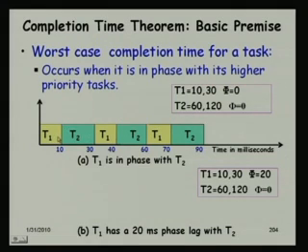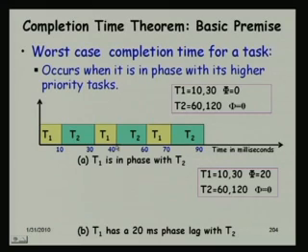See here, T1 is the higher priority, runs for 10, and then T2 continues to run until T1 arises again. T1 arises at what time? That is 30, right. At 30, T1 arises and T2 will be preempted, and T1 continues for 10 milliseconds, that is until 40.